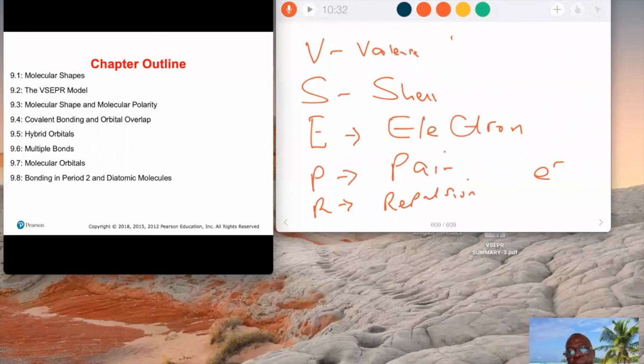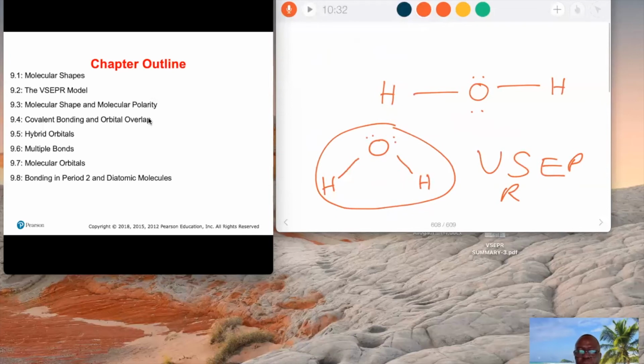In 9.3, I'll show you how you can predict the molecular geometry of a molecule from its Lewis structure. Now you should be able to draw the Lewis structure for a molecule or an atom. In chapter 9 also, we will look at bonding theory. For example, in this water molecule, which electrons are responsible for forming this bond?